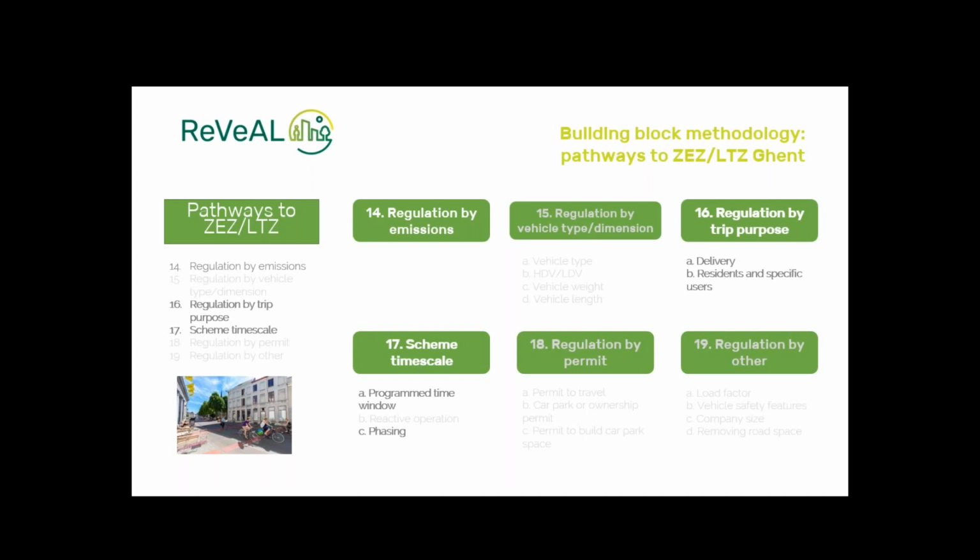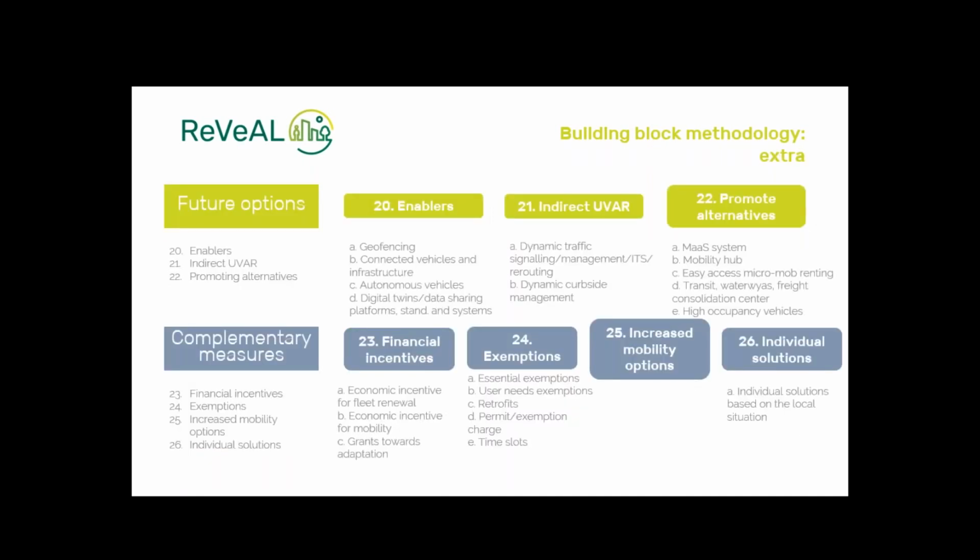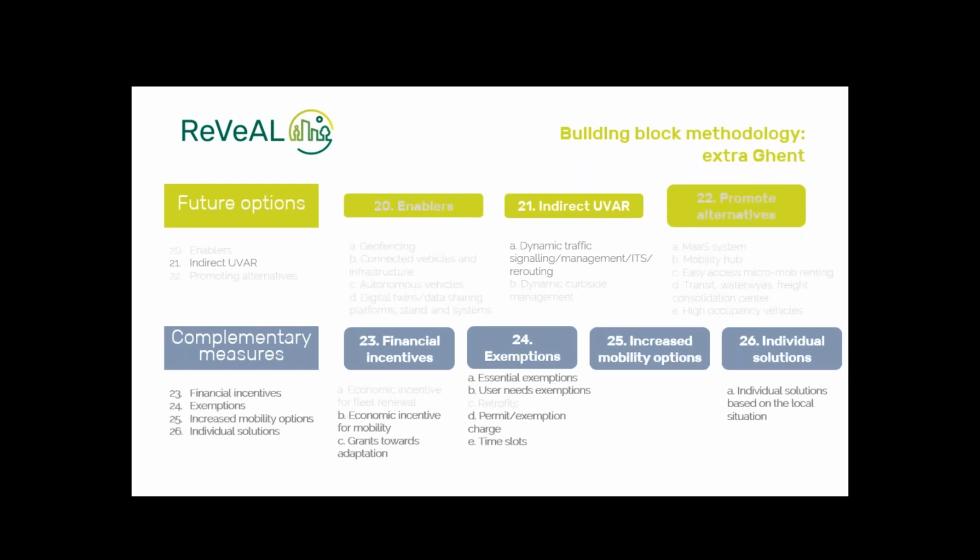So if you think back to the Lego-like picture that I showed earlier, it's actually a combination of building blocks that we combine into a robust strategy. And then, very important, we also have our complementary measures. If you focus on Ghent specifically, we can see that all of them are in one way or another introduced into our circulation plan strategy for Ghent.